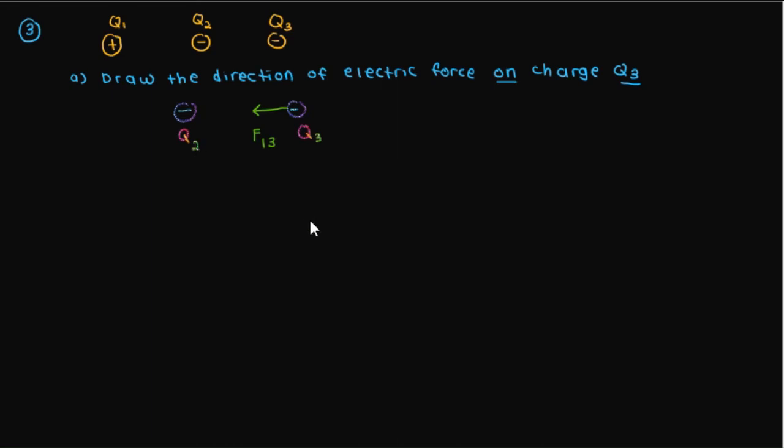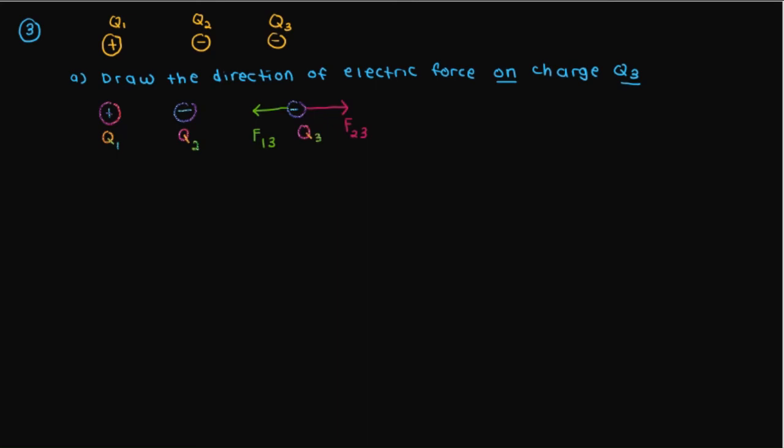So it will be to the right. So how do we label? F2 on charge Q3. And then we just draw back the charge Q1 that we already rubbed out. Okay, so this is the direction of force on charge Q3.